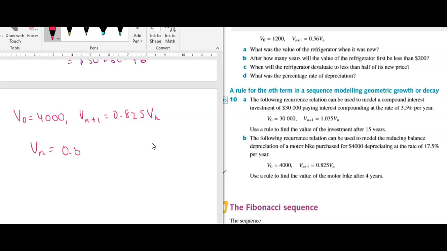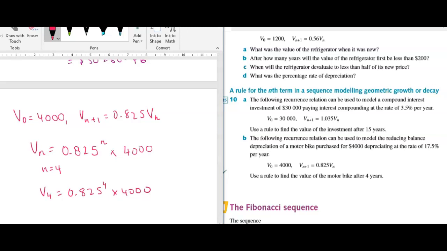Your common ratio or your rate of decay to the power of n times your initial value, 4,000. So n is 4, so we're going to do V4, the value after 4 years. 0.825 to the power of 4 times 4,000.